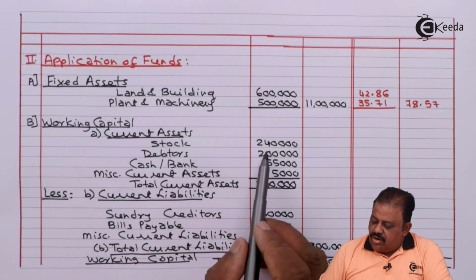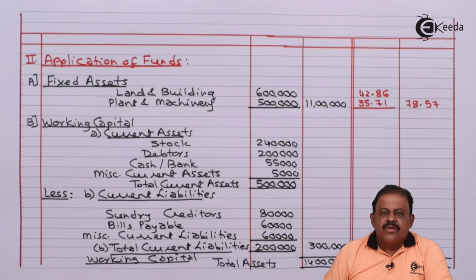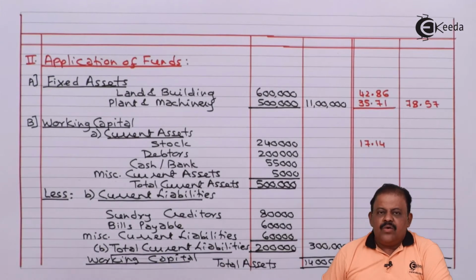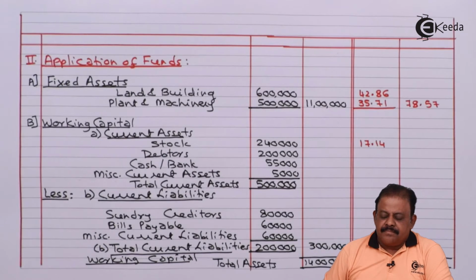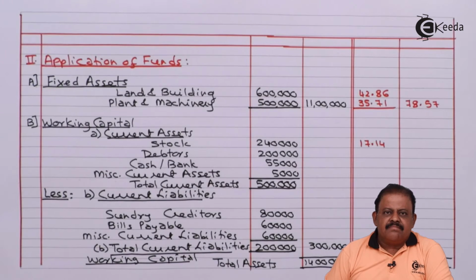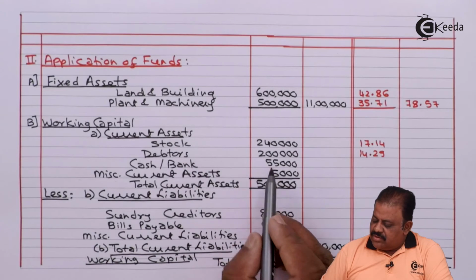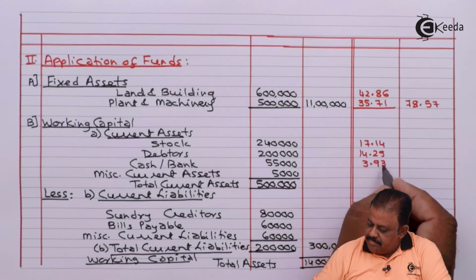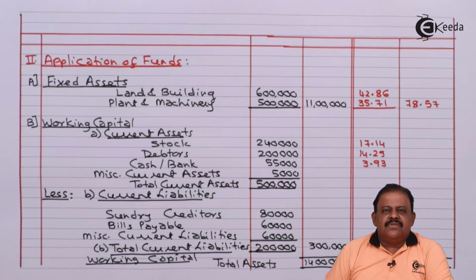Working capital, we have stock 2,40,000. 2,40,000 divided by 14 lakhs multiplied by 100, 17.14%. Debtors 2 lakhs divided by 14 lakhs multiplied by 100, 14.29%. Cash bank 55,000 divided by 14 lakhs multiplied by 100, 3.93%.